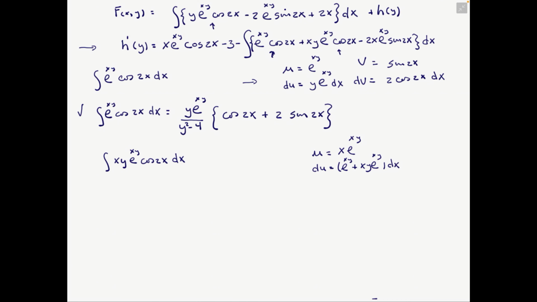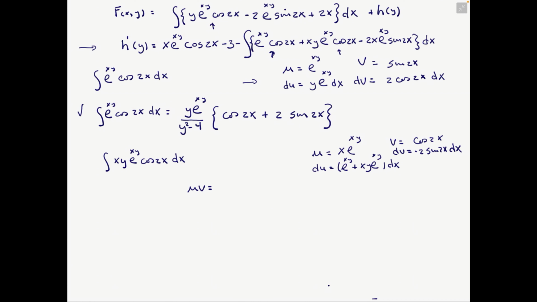U is equal to x e to the xy, du, of course, is going to be e to the xy plus xy e to the xy dx.